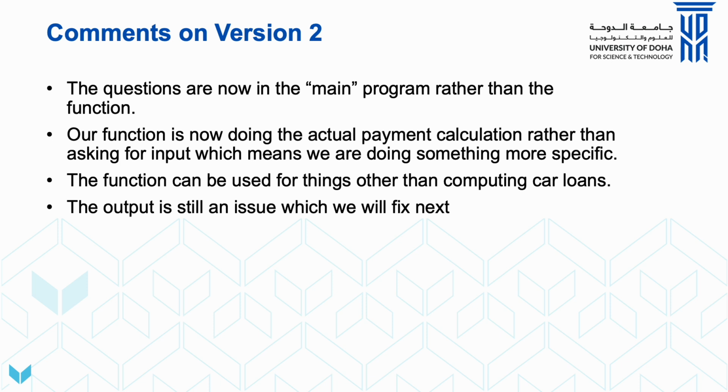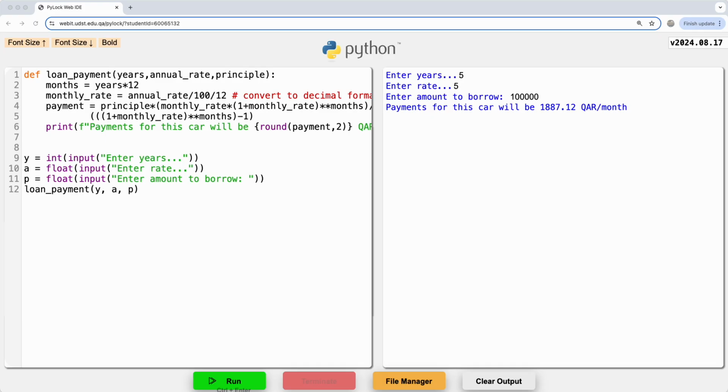But can the function be used for things other than car loans? I said it can be, but it has to do with the output. Take a look at the message that got printed: the payments for this car will be... again, what if it isn't a car? I want to keep this as generic as possible. I know we could replace this with something like "for this item", but here's what I want to do.